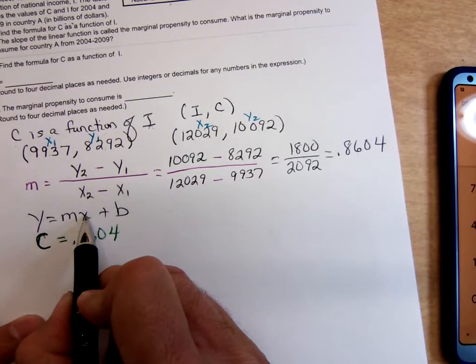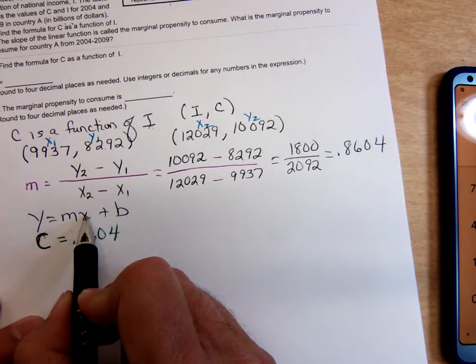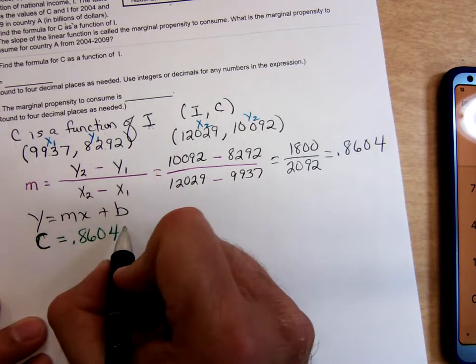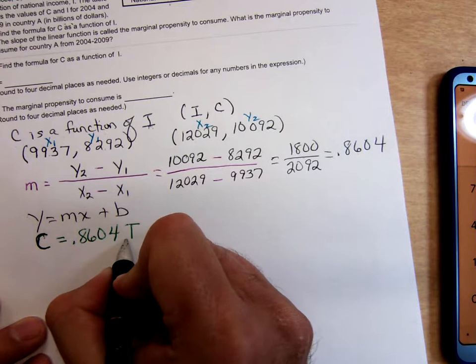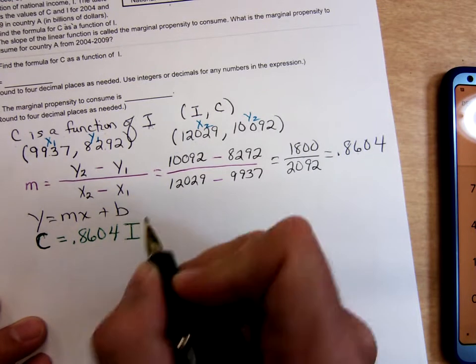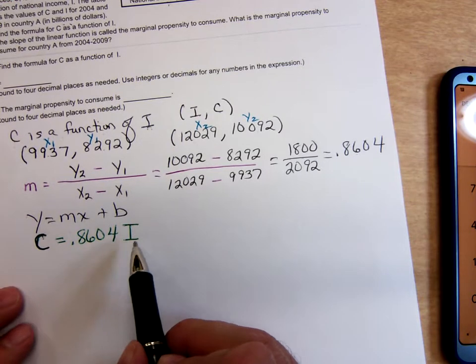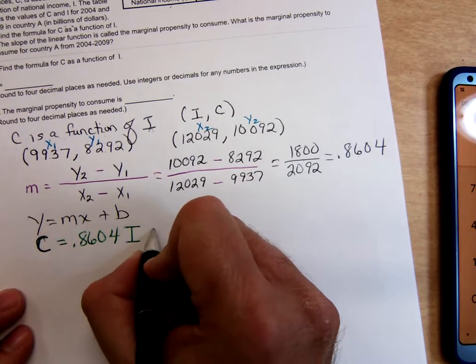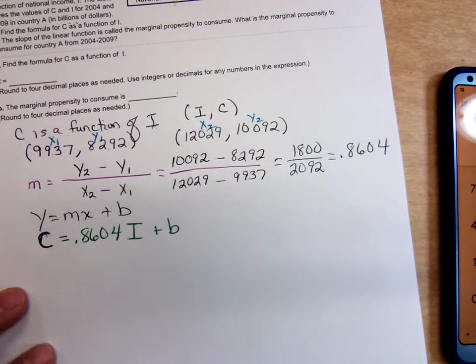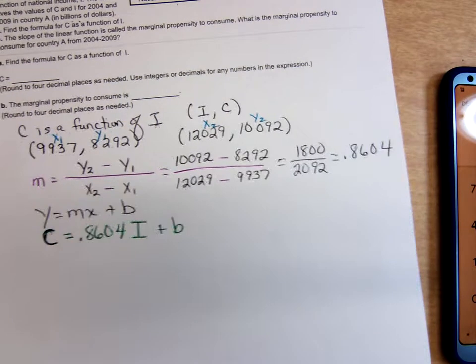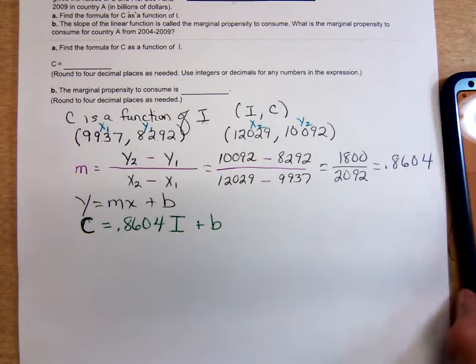And which variable are we using in place of an x? Well, I. That capital I is probably going to wind up looking like a 1 before it's all over, but remember, it's an I for income, plus b. So now we need to find b.